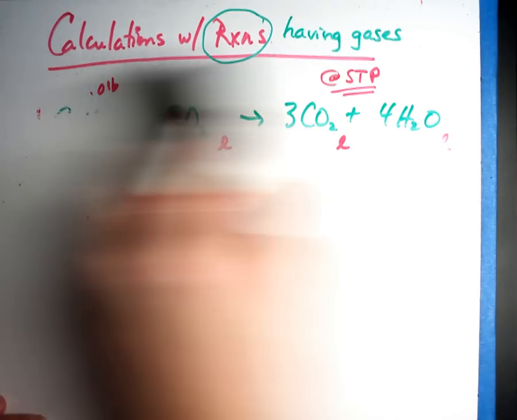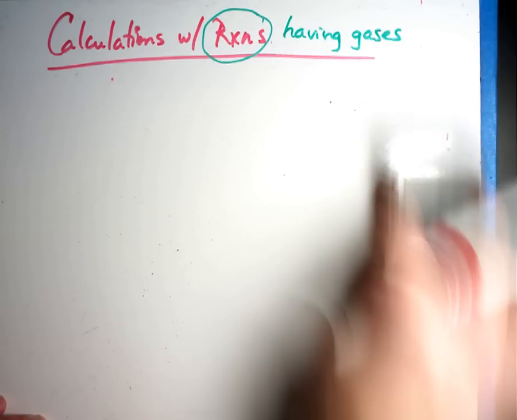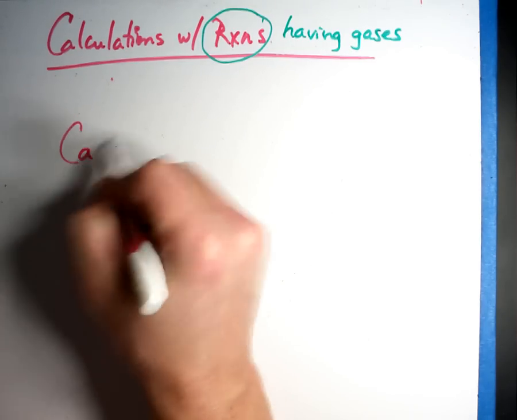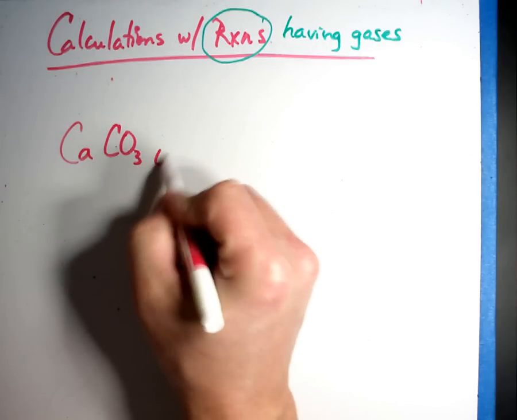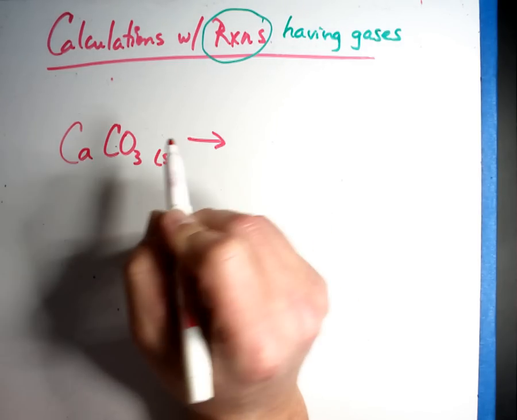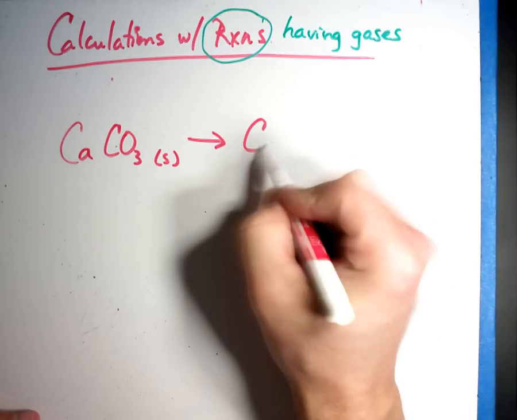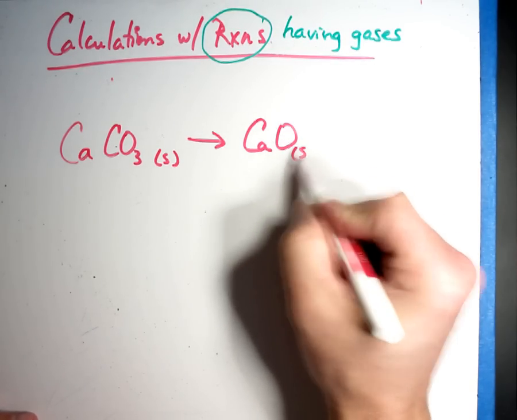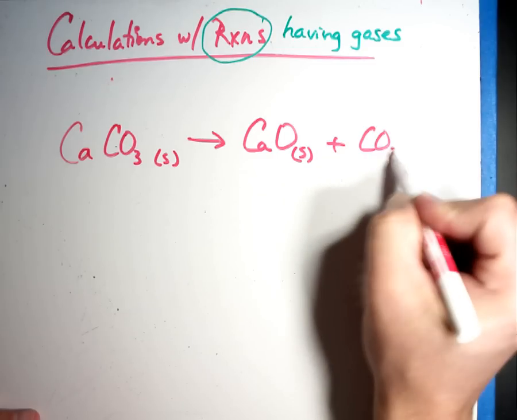Let's try one more, and you can practice a couple on your own. Let's say we want one like this. You have calcium carbonate, solid, decomposes into calcium oxide, which is a solid, and carbon dioxide gas.